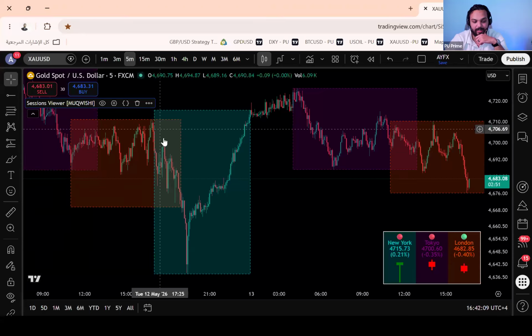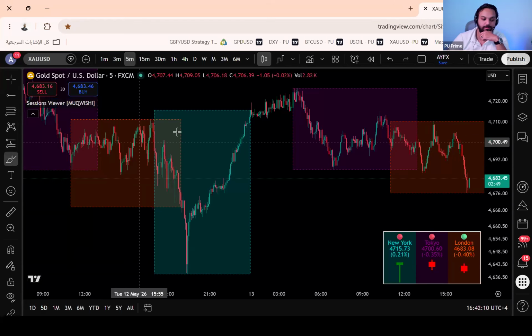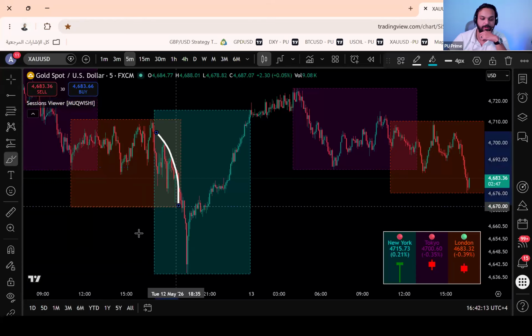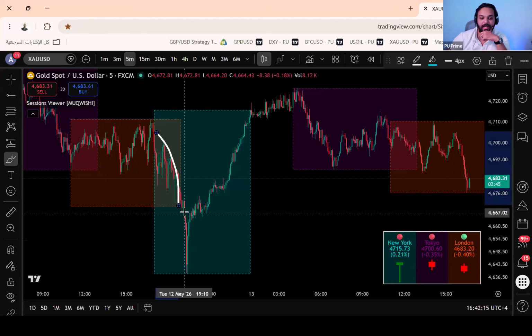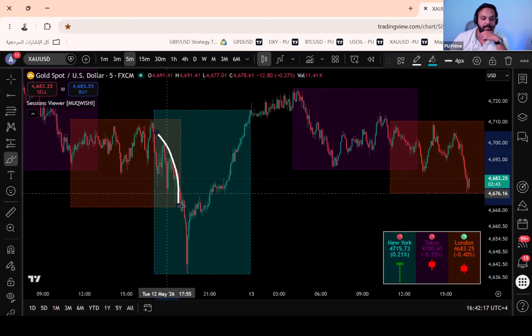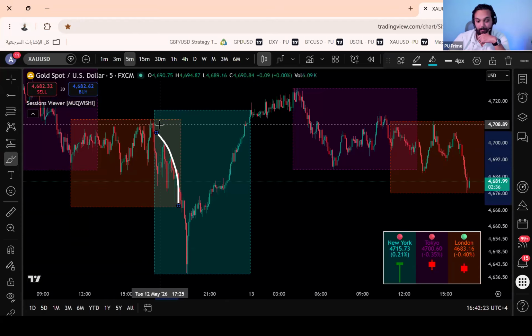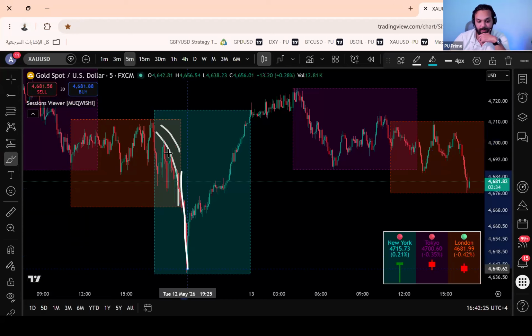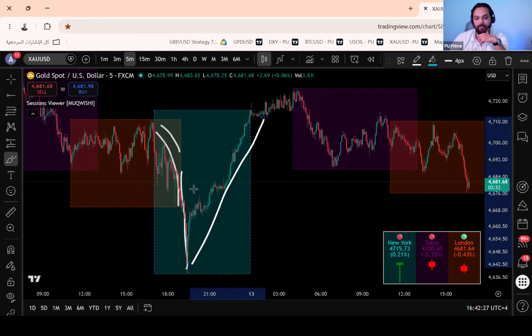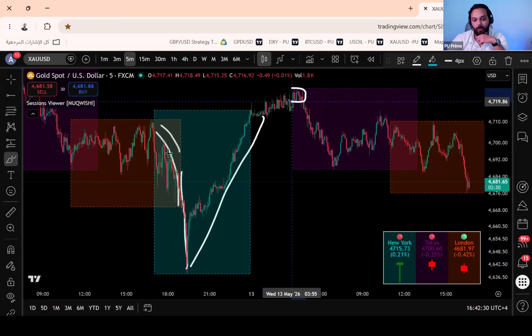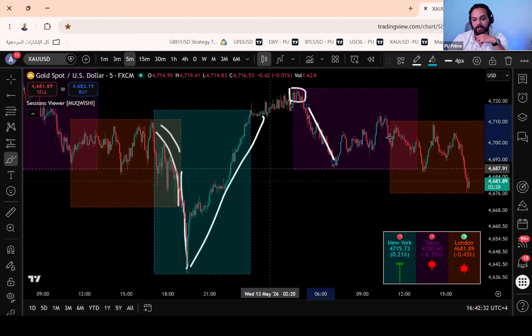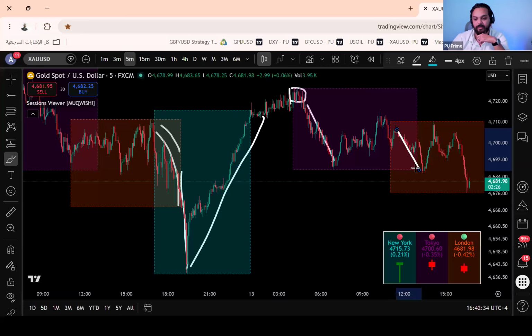Now, this is London close, and New York open. As you can see, the market goes down and then pushes up strongly. Now, this is Tokyo open, and there is London, as you can see.